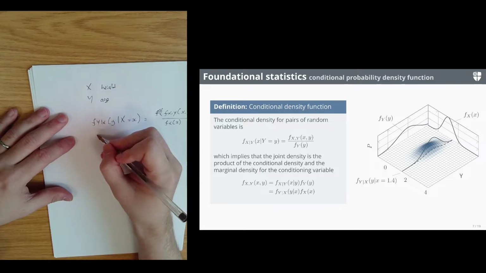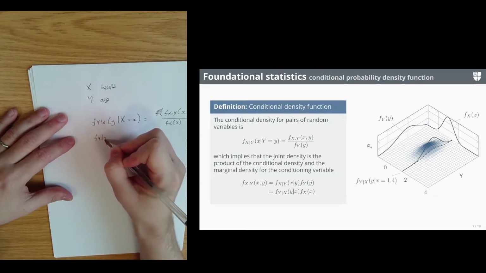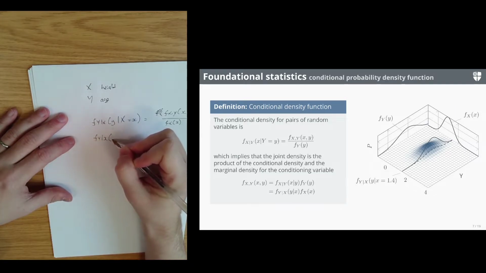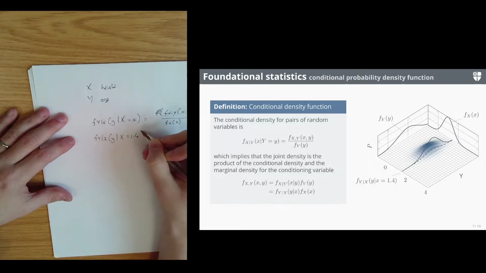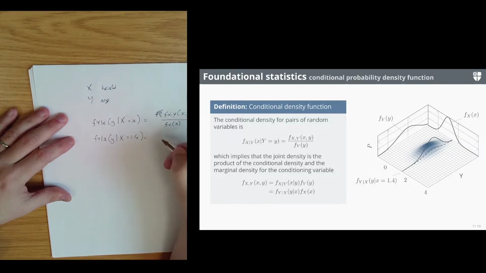so we could say this is f of y given x, and we could say x taking on the value 1.4 meters. We want to know this density, so we would say this is equal to f of x, y at 1.4 times the marginal of the age over the marginal of the height, f of x of 1.4.